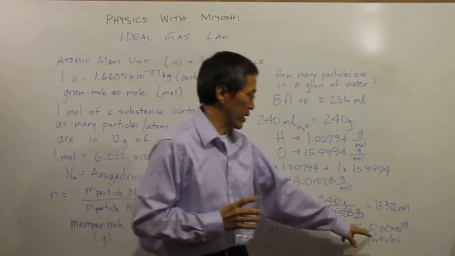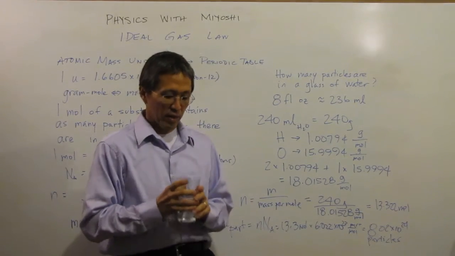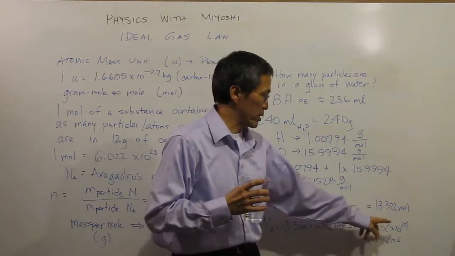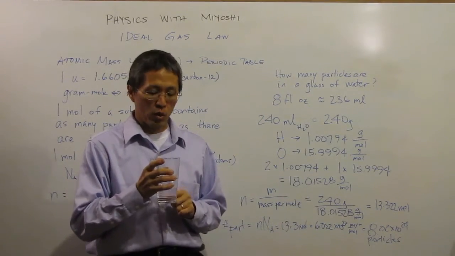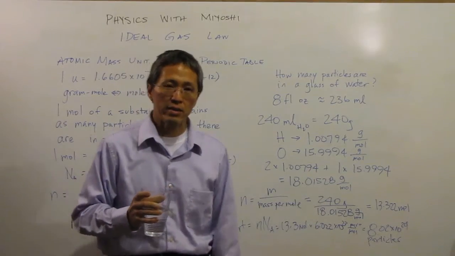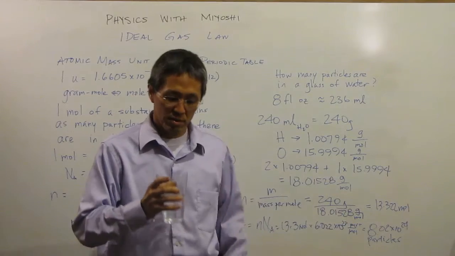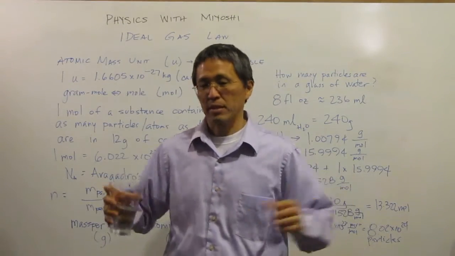But we end up with 8.02 times 10 to the 24th particles. So there are 8.02 times 10 to the 24th particles of water in this 8-ounce glass of water, and every time you drink it down, you'll be drinking that many particles of water. Lots of particles, though not really a lot when we think of it in big terms.